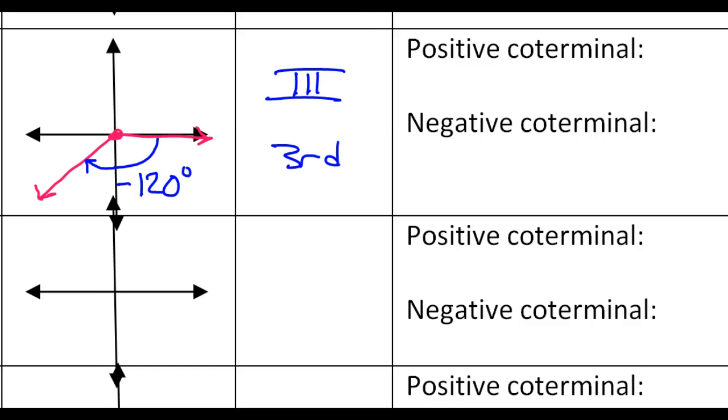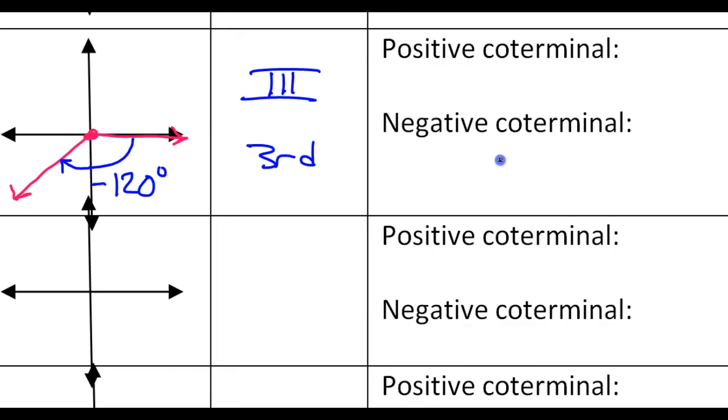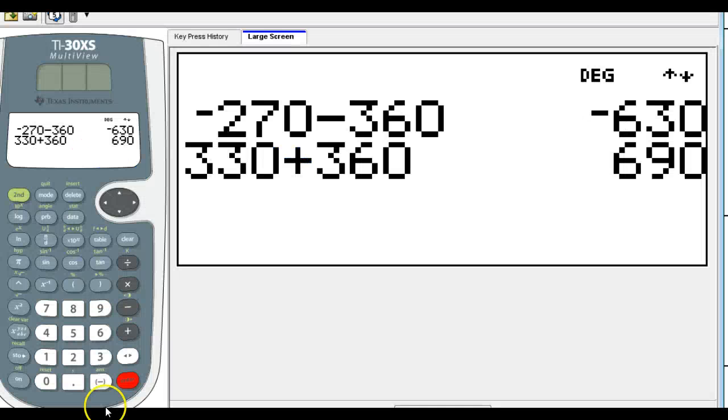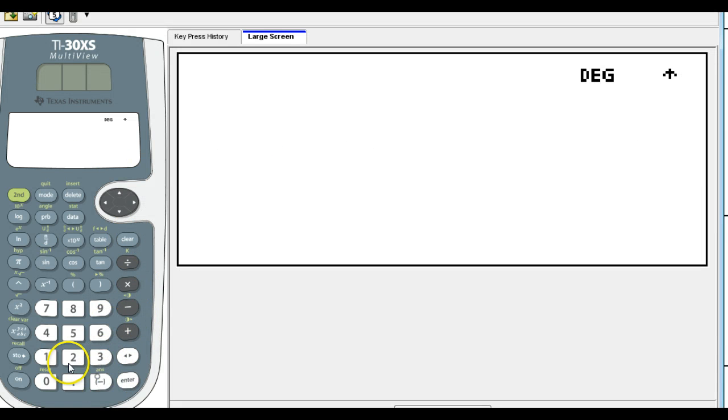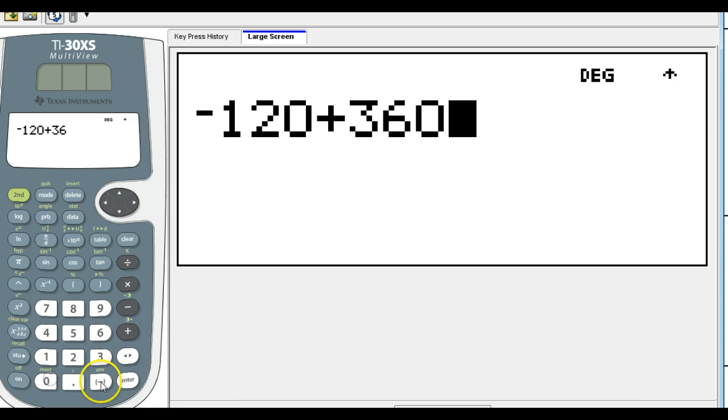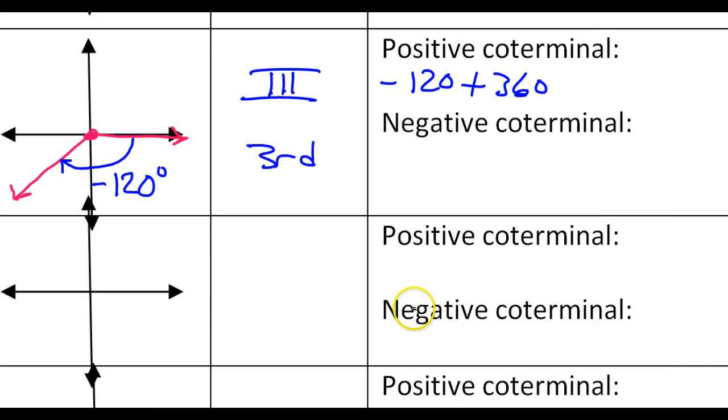Now let's talk coterminal. If I want a positive coterminal, I can do negative 120 plus 360. That is 240 degrees.